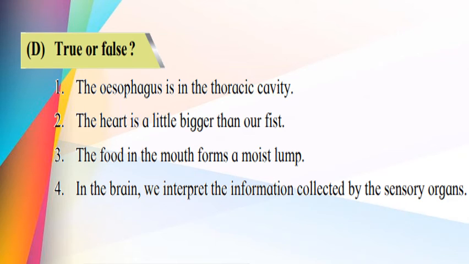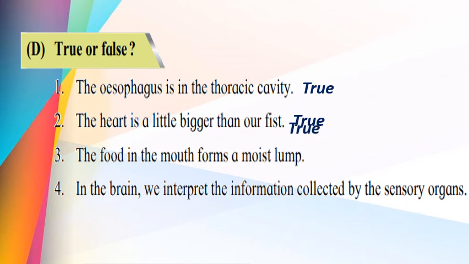Now true or false. First one, the esophagus is in the thoracic cavity, right? Correct. This is in the thoracic cavity. Second, the heart is a little bigger than our fist. Yes, this is also true. The food in the mouth forms a moist lump. Yes, correct, isn't it? When we put the food in our mouth, the teeth chew the food and the saliva mixes with the food and makes it a moist lump.